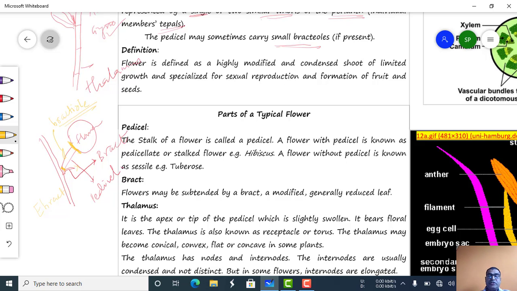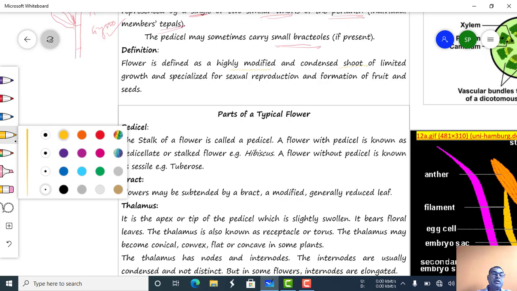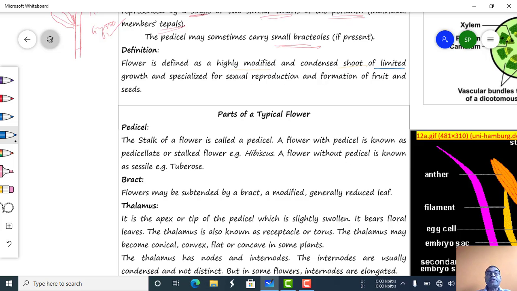Okay, just see the definition of a flower. A flower is defined as a highly modified and condensed shoot of limited growth, specialized for sexual reproduction and formation of fruit and seeds. So a very simple definition: a flower is a highly modified and condensed shoot.